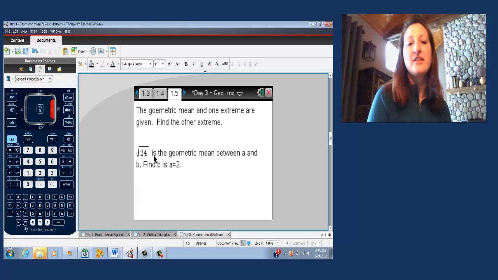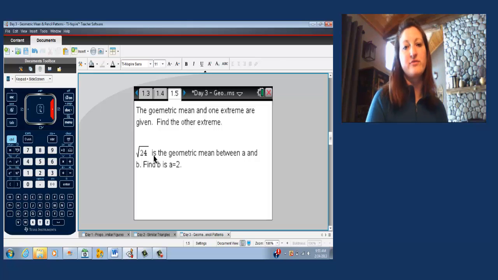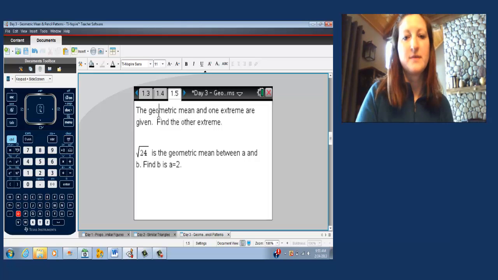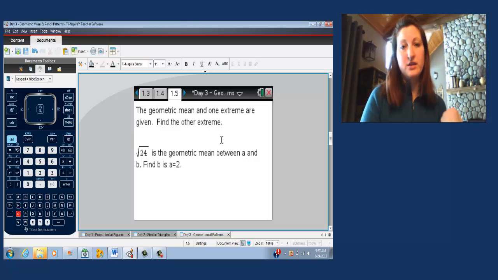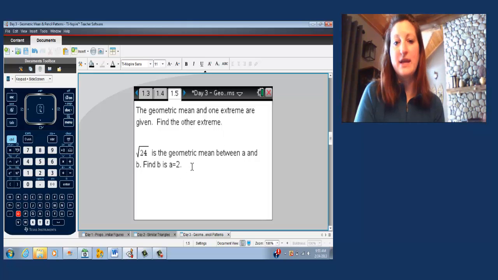All right, the other thing that you can do is if you're given the geometric mean and one extreme, you could be asked to find the other. So if the square root of 24 is the geometric mean between A and B, find B when A is 2.